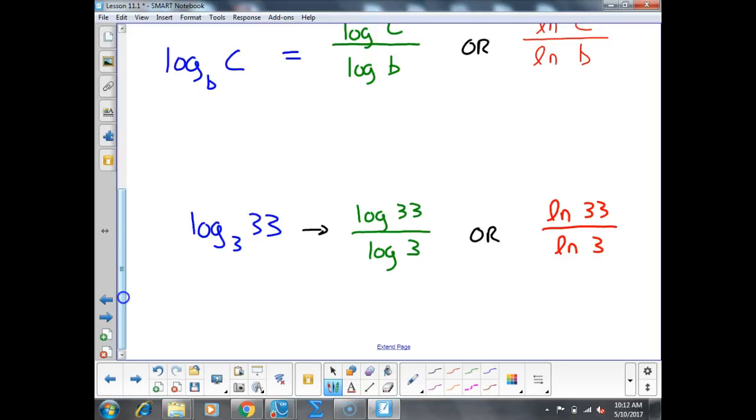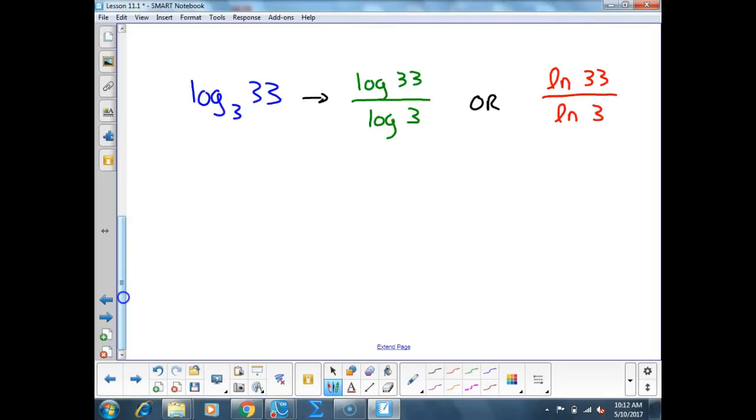Now, if you can see what you're typing in, then you have to be careful. If you have a calculator that opens up a set of parentheses when you hit log, you have to close that set of parentheses before you hit the divide sign, and then close that set of parentheses at the very end.